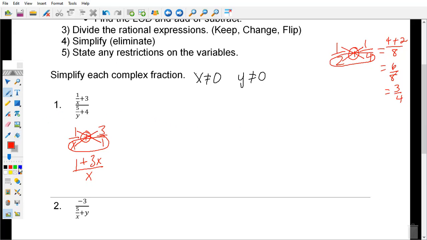All right, we're going to do the same thing to our denominator, okay? So our denominator, we have 5 over y plus 4 over 1. 5 times 1 is 5. My rice is positive. Y times 4 is 4y over y.